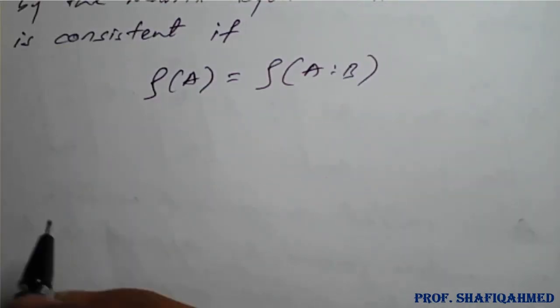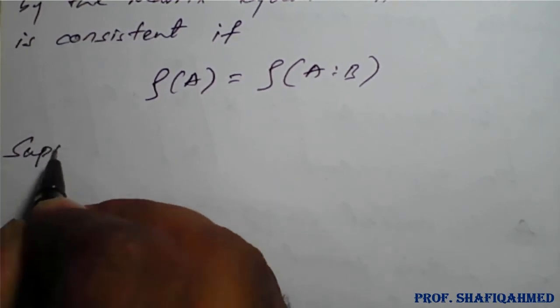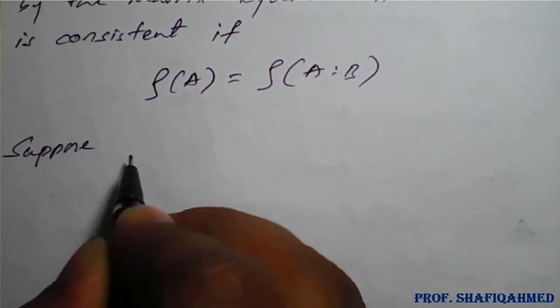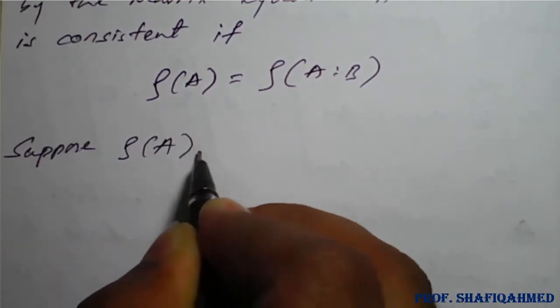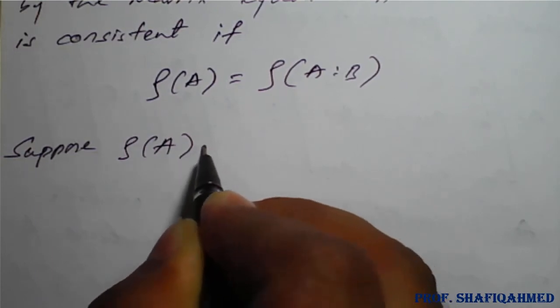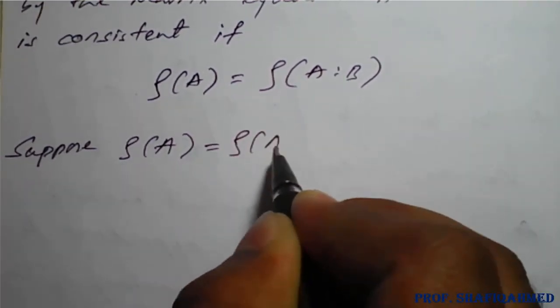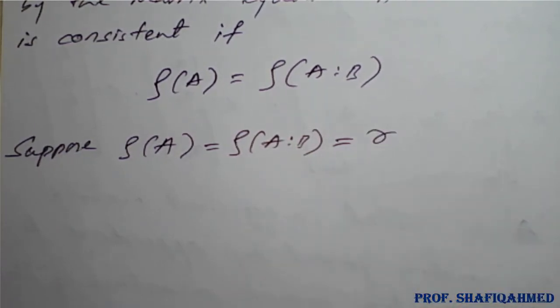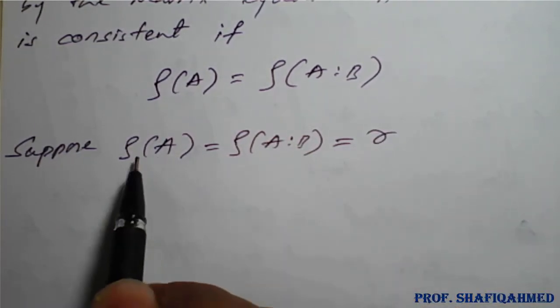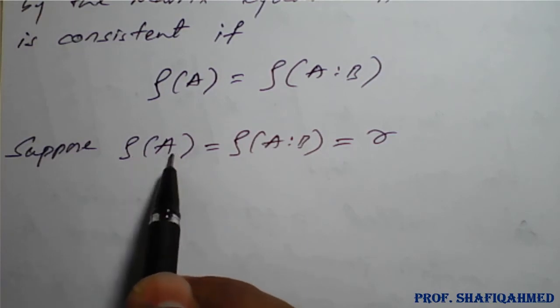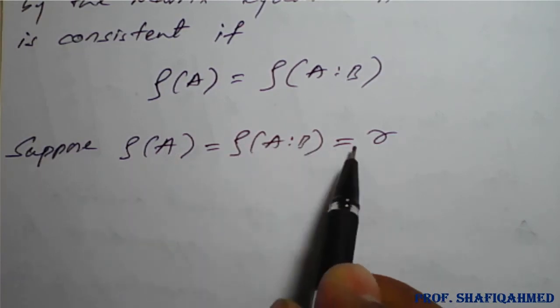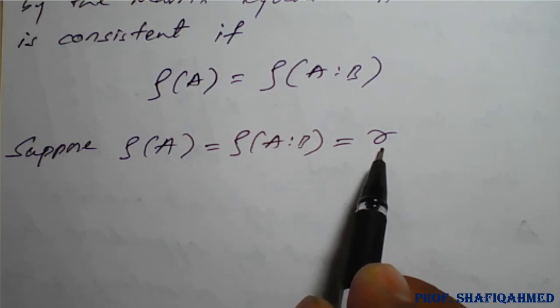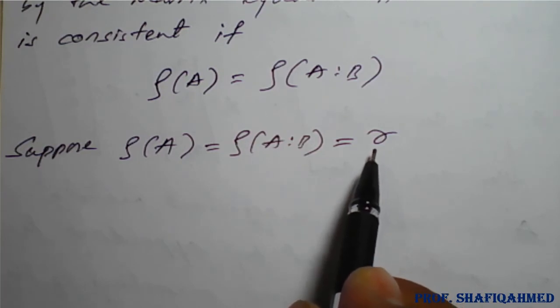Now just see here, suppose I say that rank A is equal to rank of augmented matrix AB is equal to some answer R. Means we got the answer, rank of matrix A is R and rank of augmented matrix is also R. Then we can say that it is consistent.